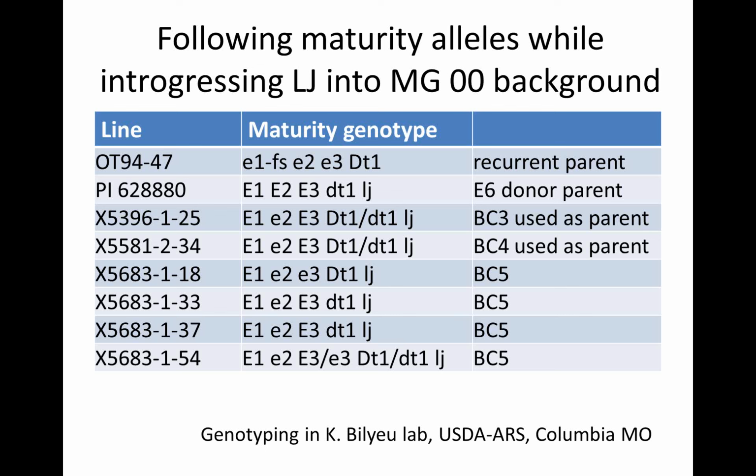You can see that the functional E1 was retained in all the selected late flowering lines, late flowering under 12 hours. The late flowering E3 and determinate growth habit are linked, and some of that was retained in some cases and not in all cases. And both those Dt1 and E3 are loosely linked on chromosome 19.